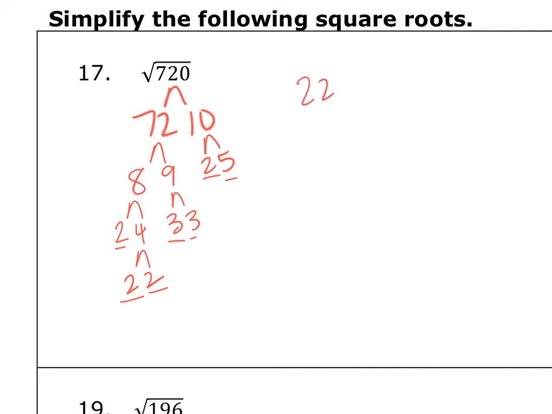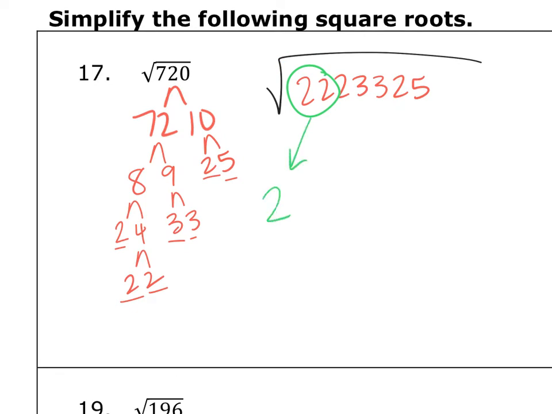are 2, 2, 2, 3, 3, 2, 5. And I'm going to double check this on the calculator. 2 times 2 times 2 times 3 times 3 times 2 times 5 is 720, so I did that correctly. And in order to get out of this, because right now we're still under the square root, we've just made it look different, I need a pair, so I'm going to bring out a 2.